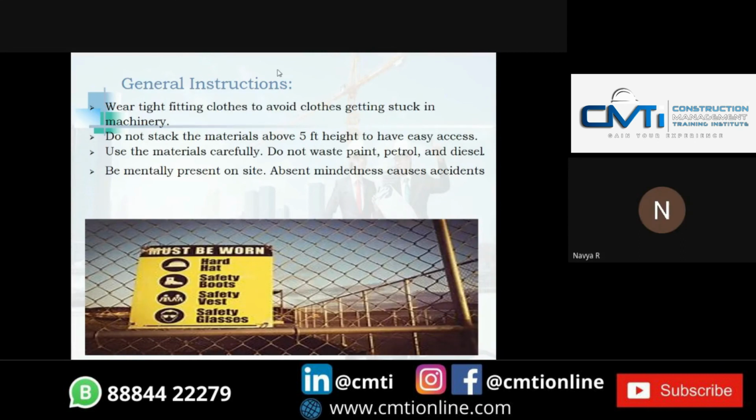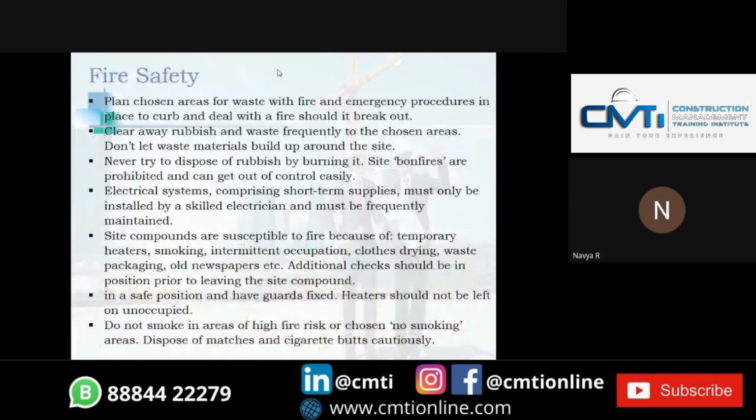So next is fire safety. What are the fire safety measures we should take? Fire safety measures are nothing but: clear away the rubbish around the site, and electrical systems comprising short-term supplies must only be installed by a skilled electrician and must be frequently maintained.